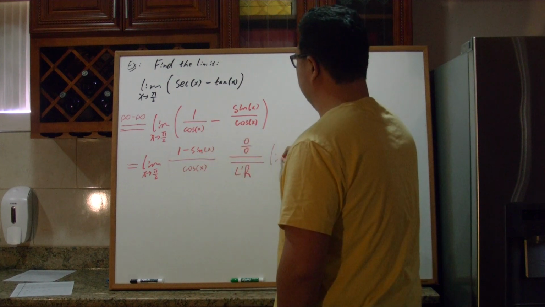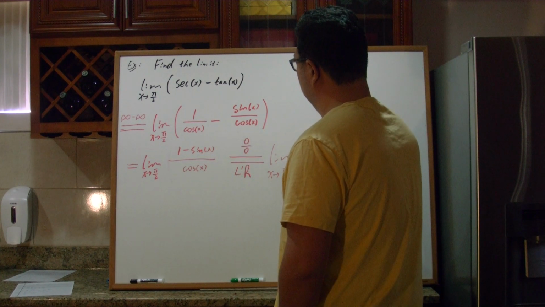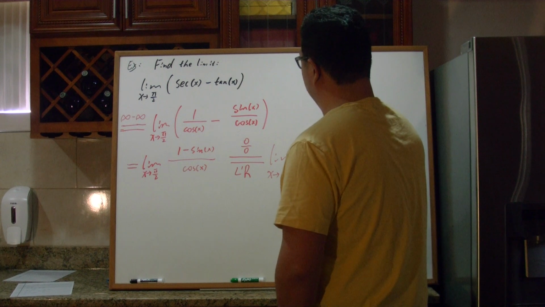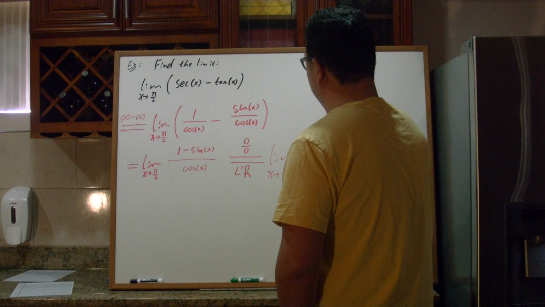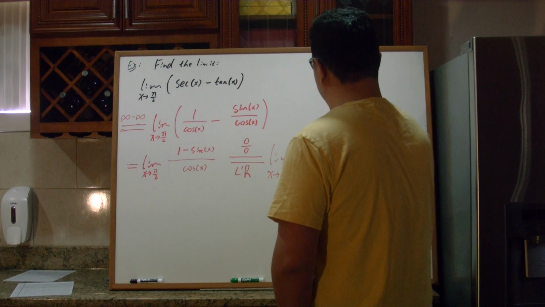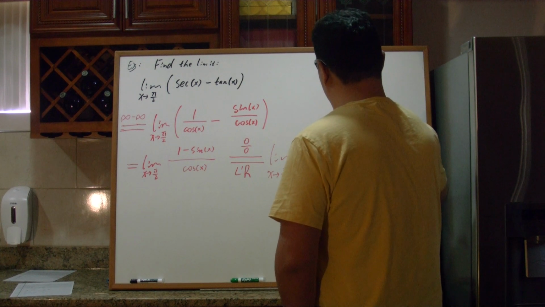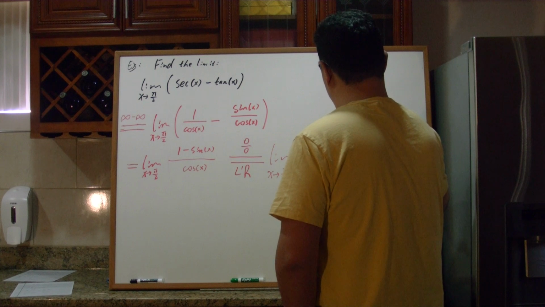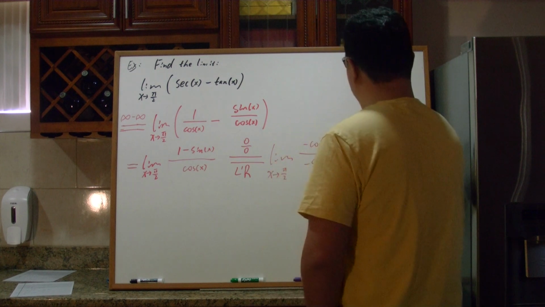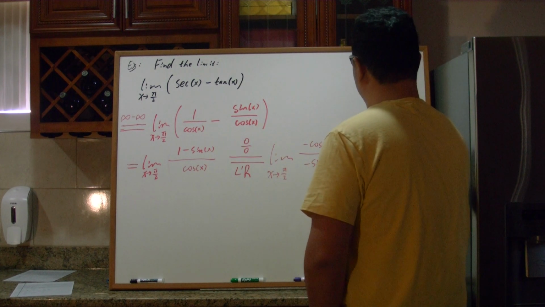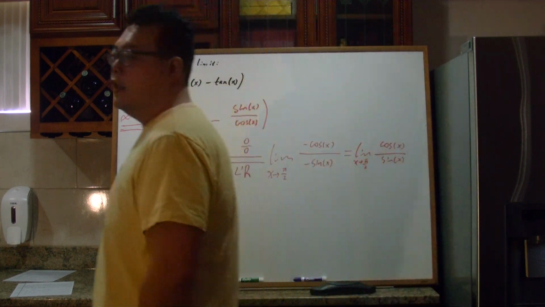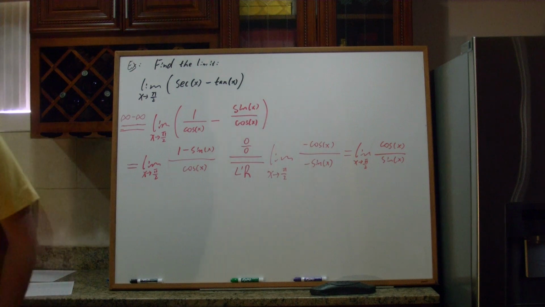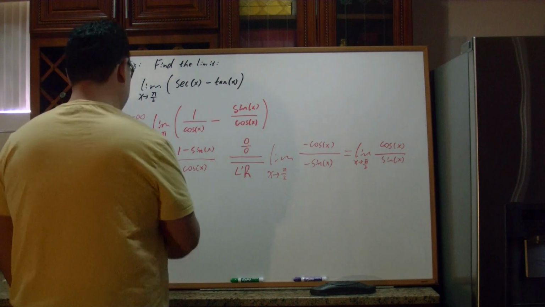That we can see it is an indeterminate form of 0 over 0, then we can apply L'Hopital's rule. Derivative of sine is cosine. Derivative of cosine is negative sine. Simplify a little. We get cosine x over sine x. If you want, you could change that to cotangent, but keep that in ratio, that's also fine.